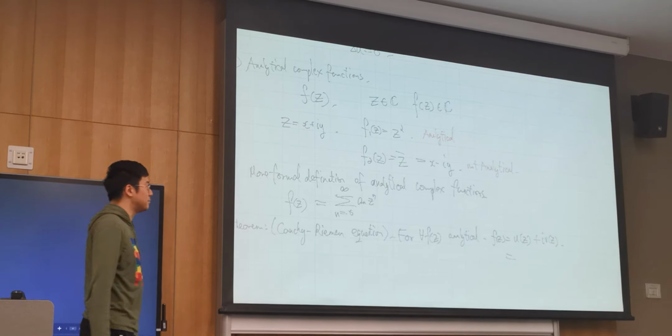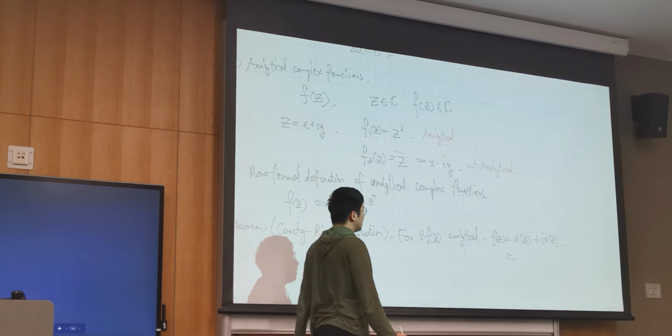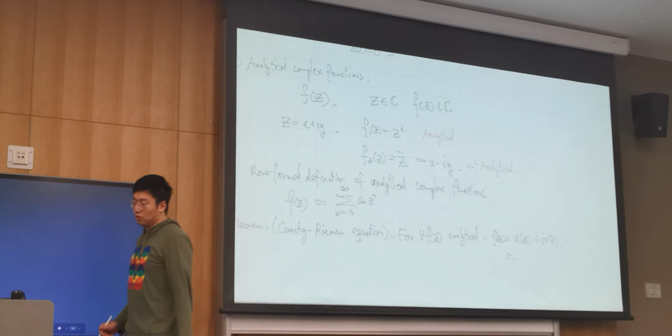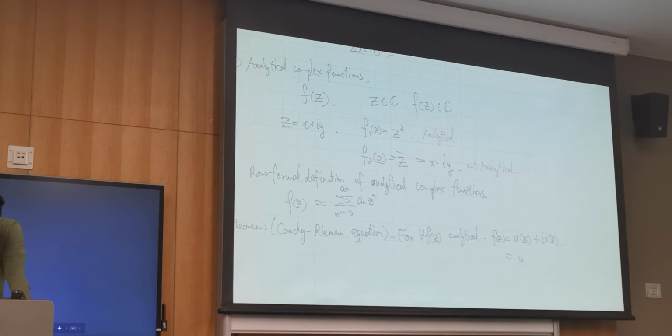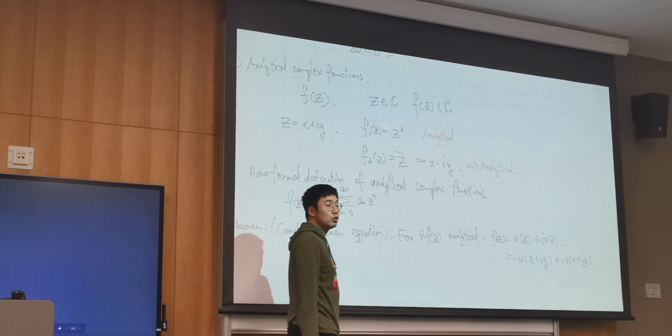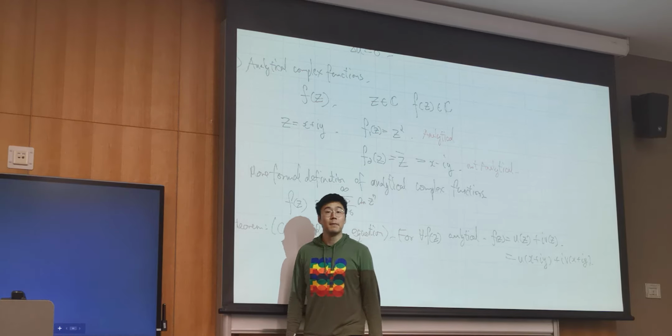And don't forget that my z equals x plus iy, so this also equals u(x plus iy) plus i v(x plus iy). That means u and v are both 2D functions of x and y.